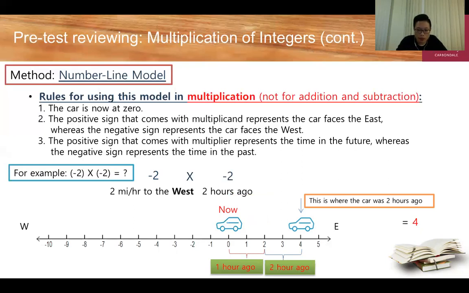Okay, so these are the 4 different types of example questions, so that you can see in different situations how we apply these rules for the multiplication question. All right, and if you still feel confused about the rules that I mentioned here, you can review my PowerPoint again.